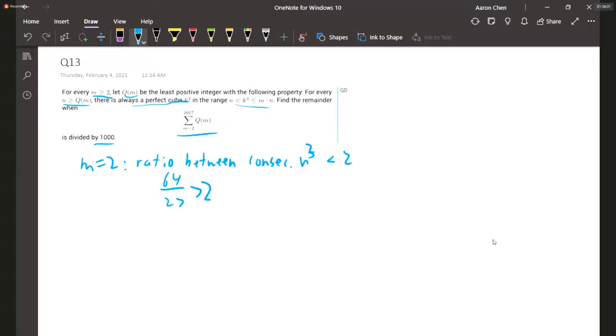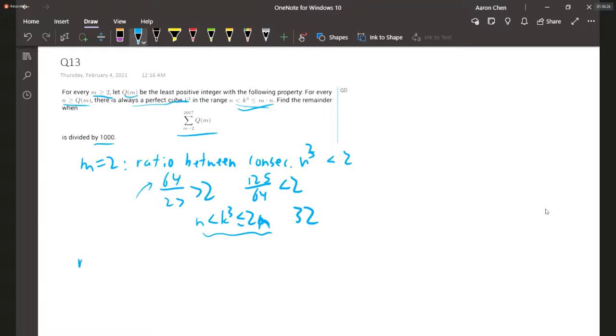And so what this means is that once 64 is in the range n less than k cubed less than or equal to 2n, once 64 falls within this range, for all numbers at least the value of that n, there's always a perfect cube k. So the q of m for m equals 2 is 32.